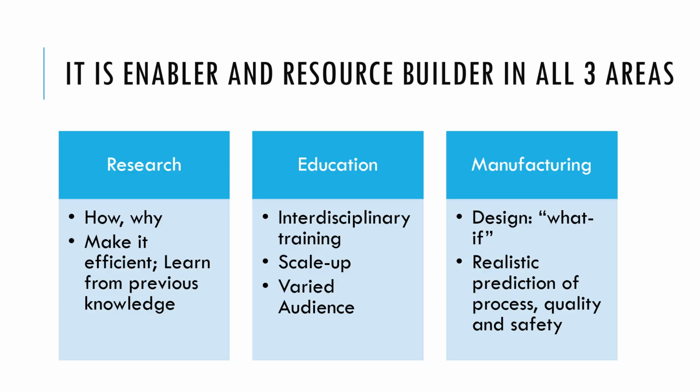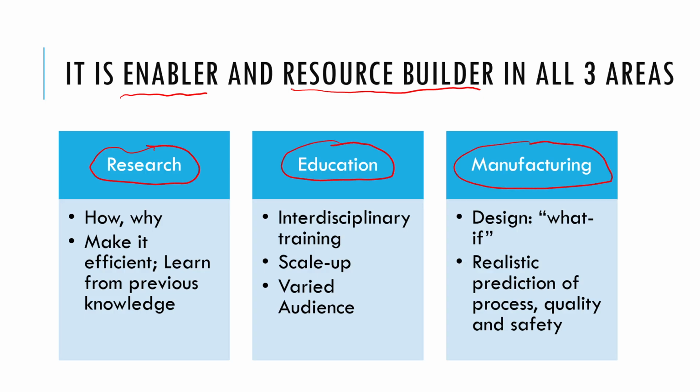Modeling based on the physics is an enabler and resource builder in all three areas of research, education, and manufacturing. For example, in research, it says how something works, why it works, how to make it more efficient, and helps us learn from previous knowledge.